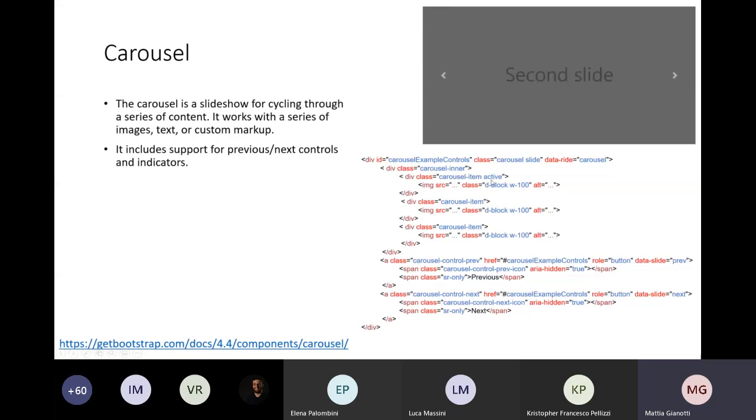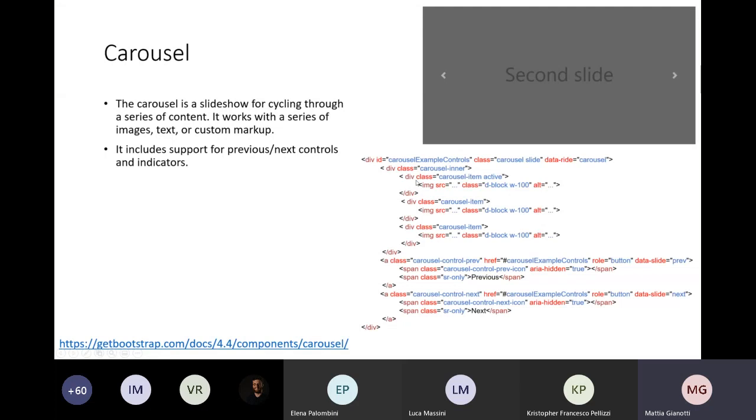You have this active class here, which is the class that is going to be moved from one element to the other to determine which one is going to be actually visible inside the carousel at any time. And then you have two links that provide the features for the next and previous arrows here. So it's already all pre-made.